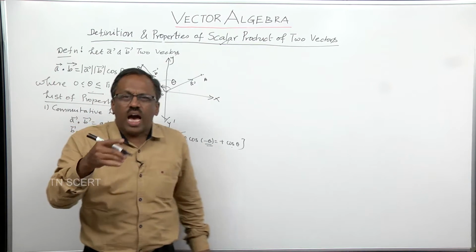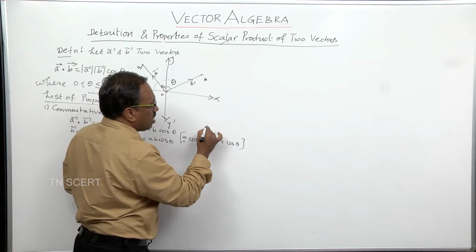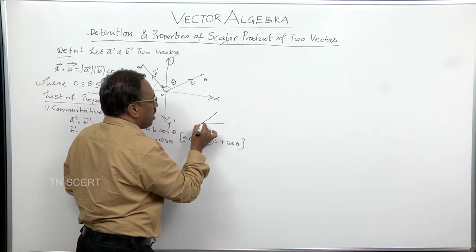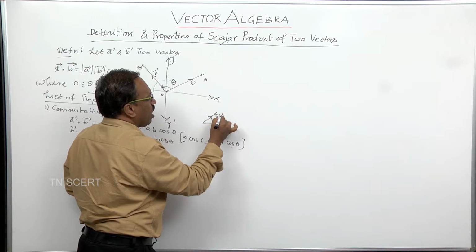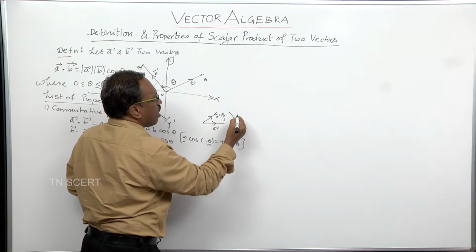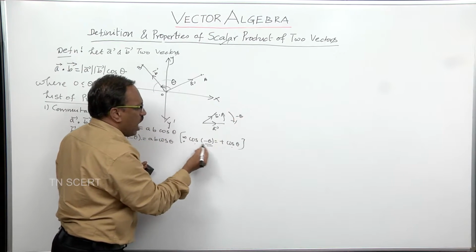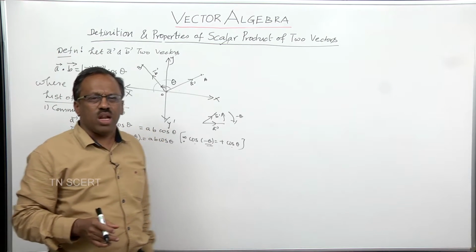For A dot B, this is A, this is B, and B dot A is like this, the angle is minus theta. Though the angle has changed, it is an even function, so the same answer.